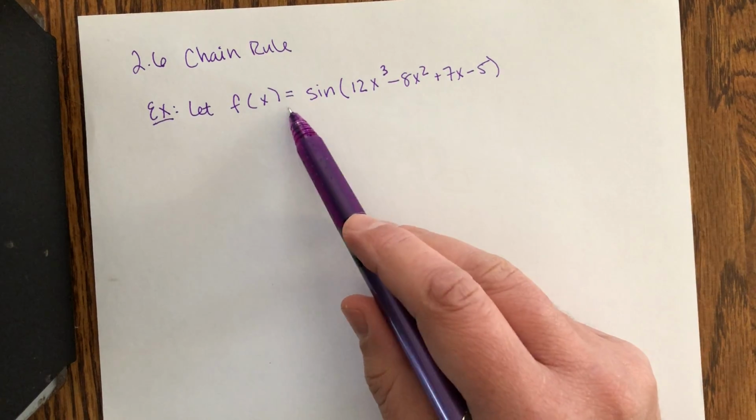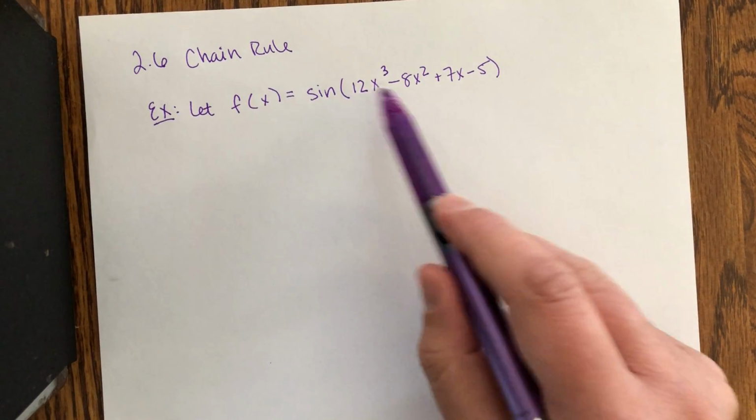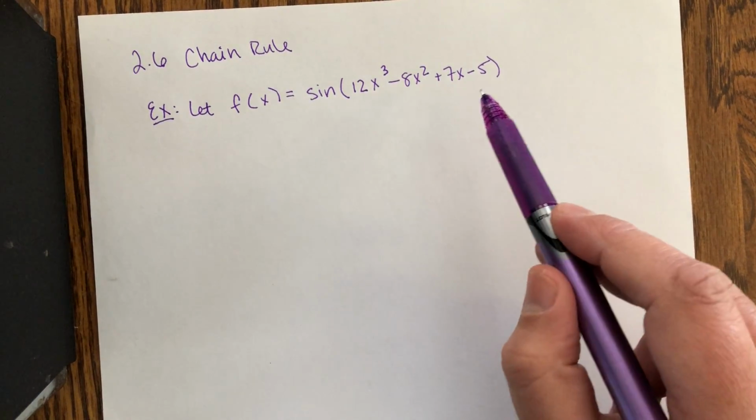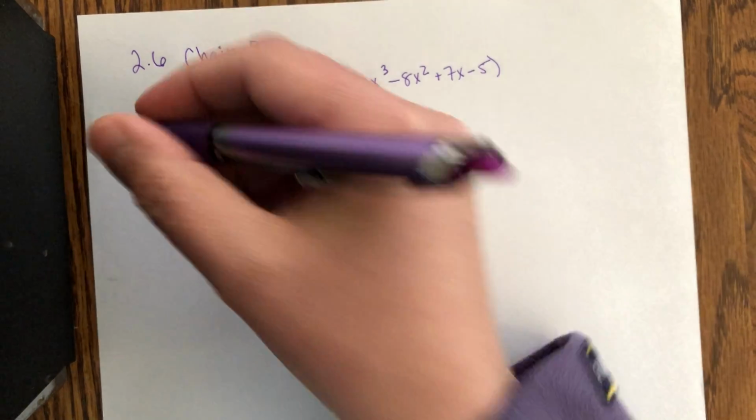If you want to take the derivative of this composition of functions, right, this sine of another polynomial function, we have to use something called the chain rule.